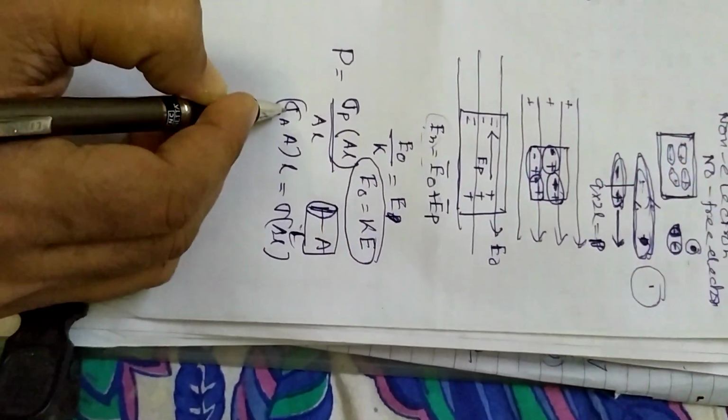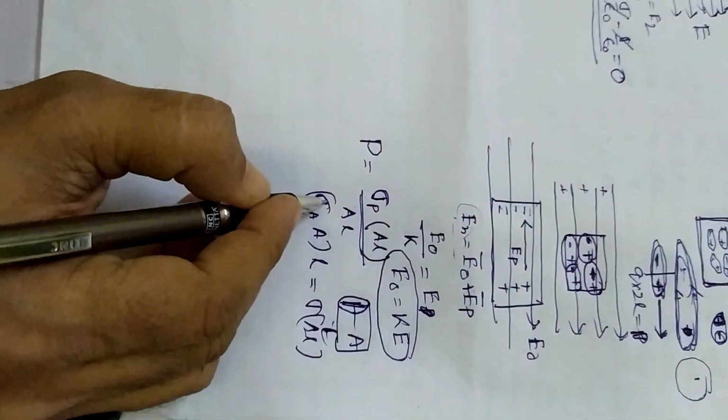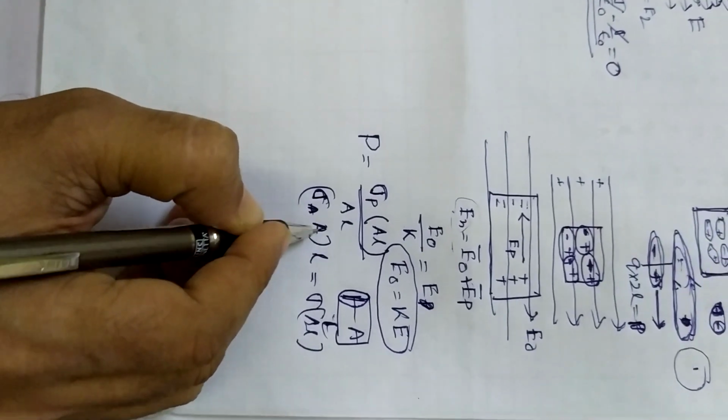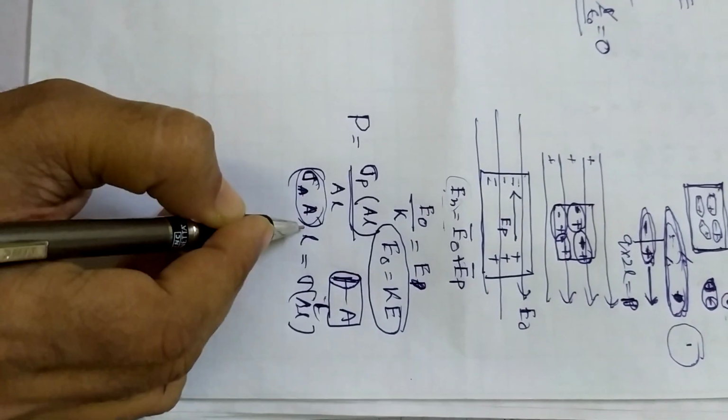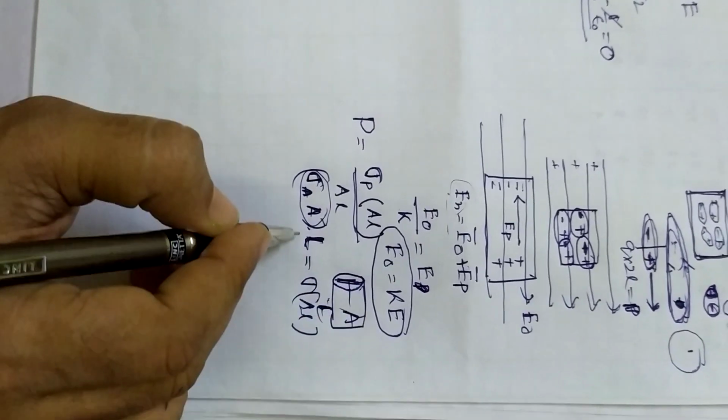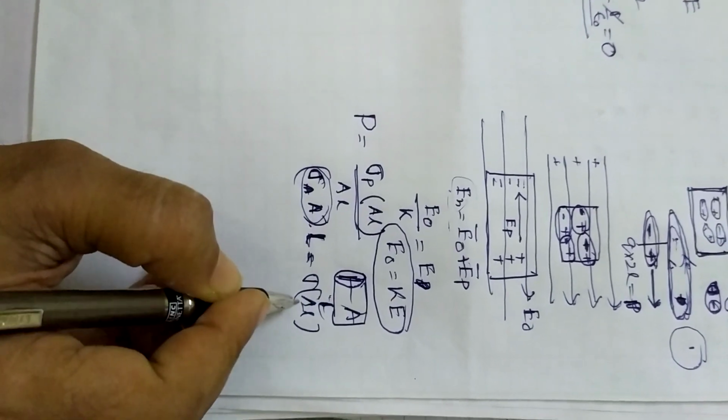This sigma is the charge per unit area, so sigma into A is the total charge Q, into L, the length of this volume. So sigma P into A into L.